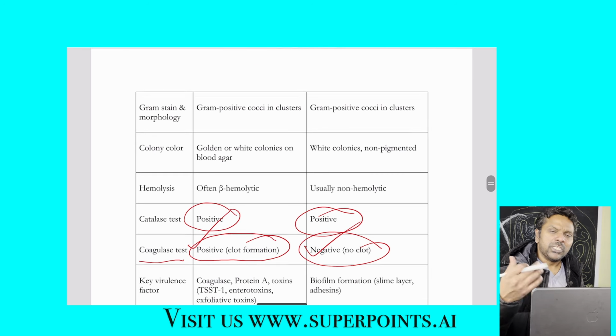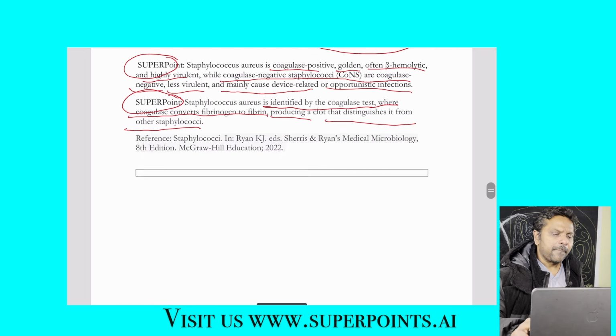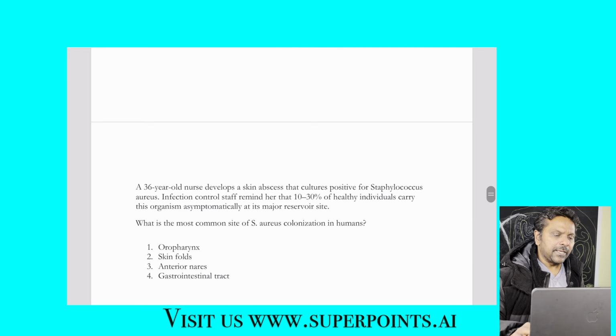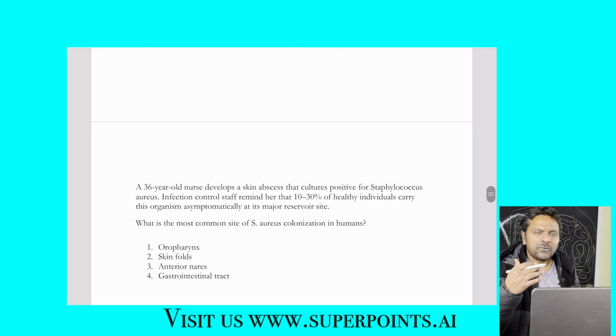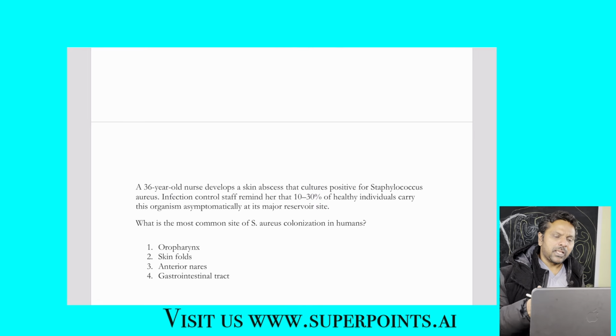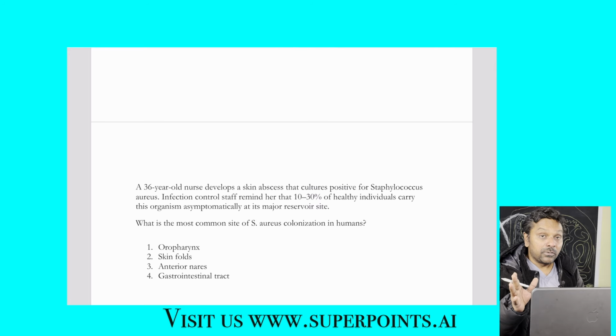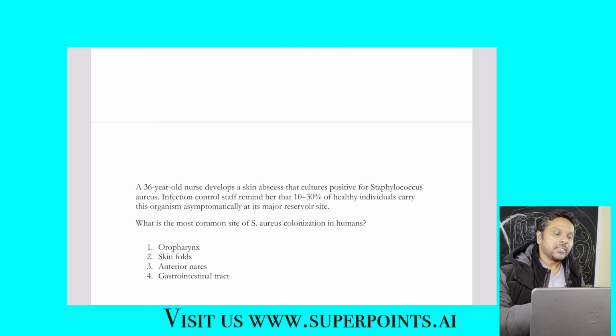You have to do these things to remember on your examination day. When you have so much going on, these mnemonics help you to go to the right answer. And I want to do a few more questions on this because this is a highly important organism.